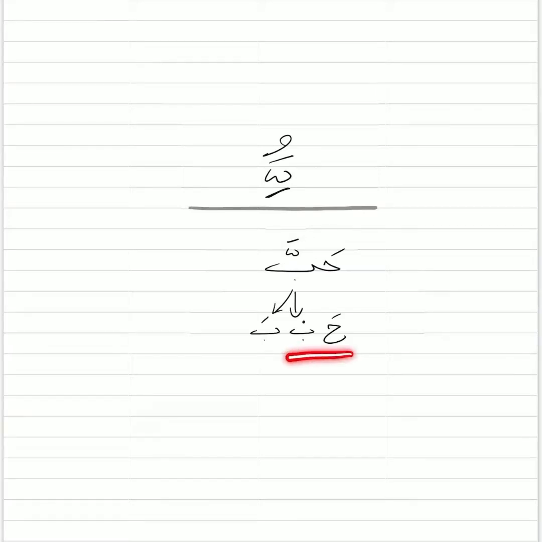Hab, and then you let go on one count. Ba. So you read the whole word as hab. Yeah, because there's two letters next to each other, we've doubled them up into the shaddah. So whenever you see a shaddah, the first step is to hold the sound. The second step is to let go of the sound.